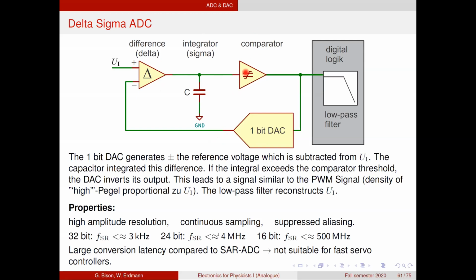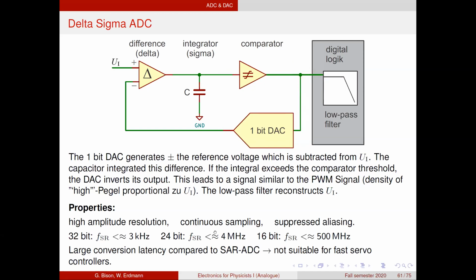And then a comparator detects if this integrated value exceeds a certain value. If it goes too much up, then it tells the DAC to switch to the minus reference voltage. And if it goes too much down, it tells the DAC to switch to plus the reference voltage. And what this does is it generates a pulse train.